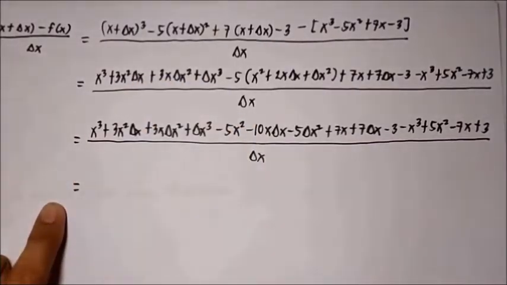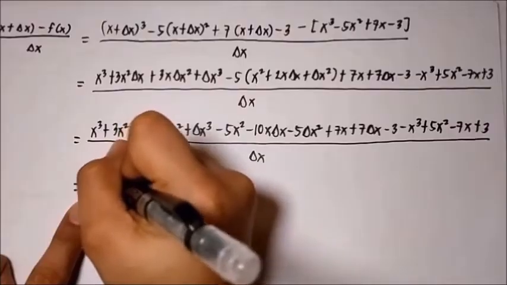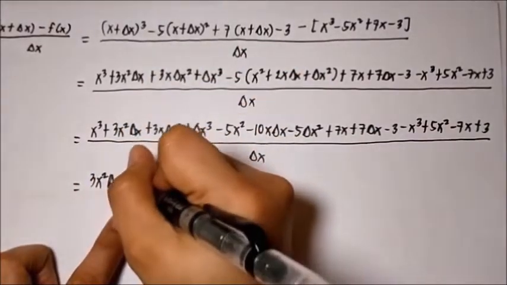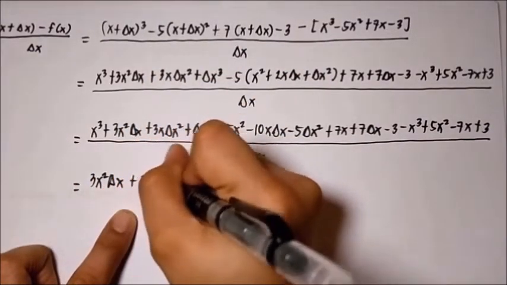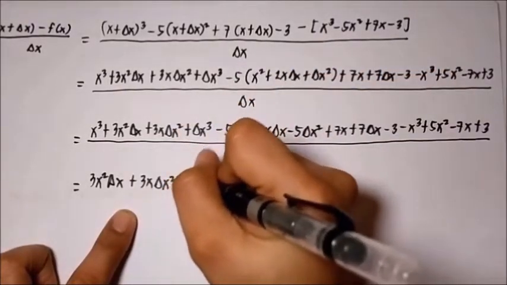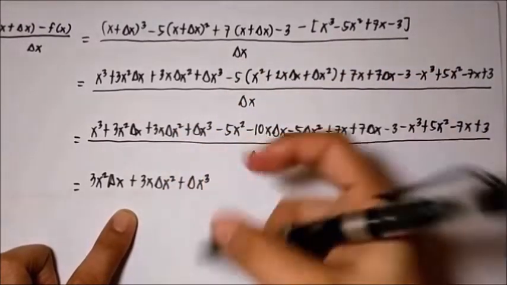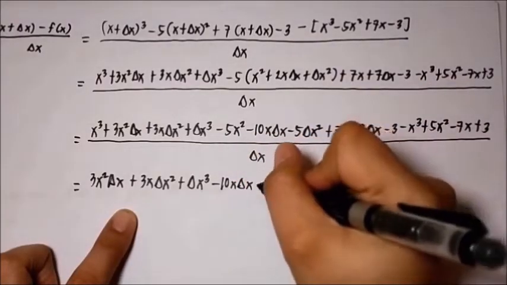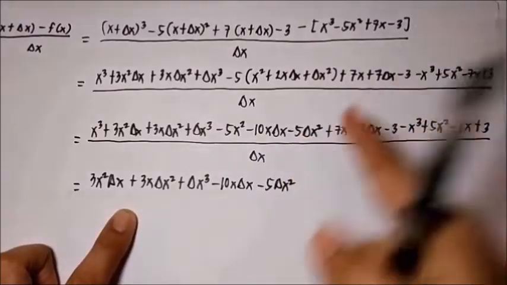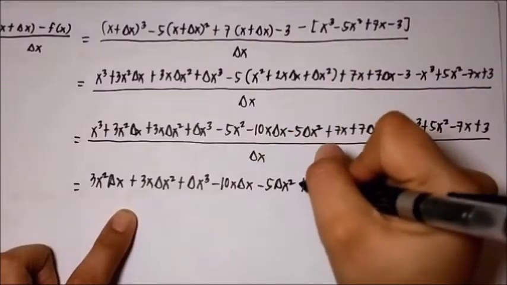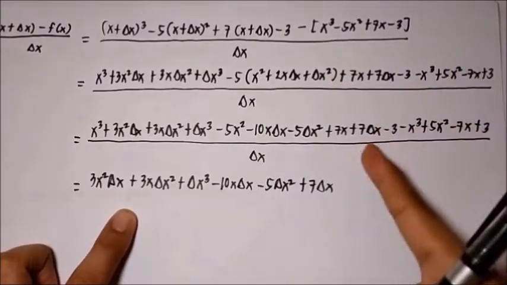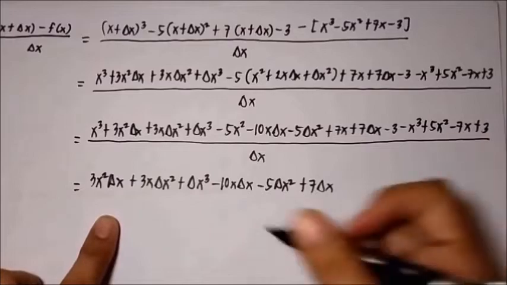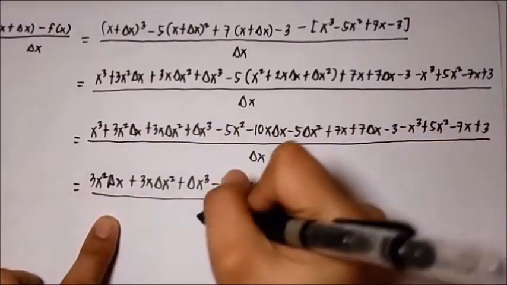So the resulting value now is 3x squared delta x plus 3x delta x squared plus delta x cubed. And then negative 10x delta x, negative 5 delta x squared, and then positive 7 delta x, and this is all over delta x.